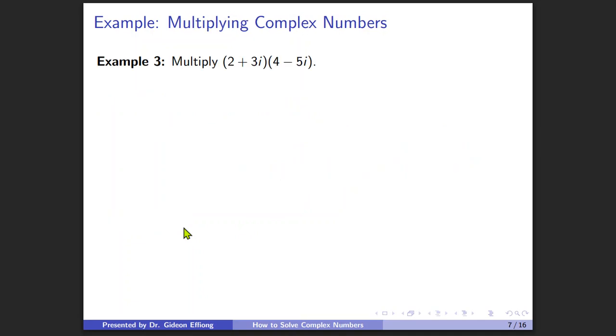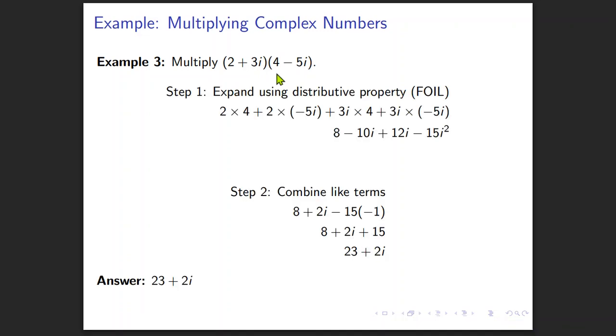Next, we consider multiplying complex numbers. Example 3 now. When you multiply these two complex numbers, what will you do? You expand using the distributive property. So in this wise, this is what I will do.